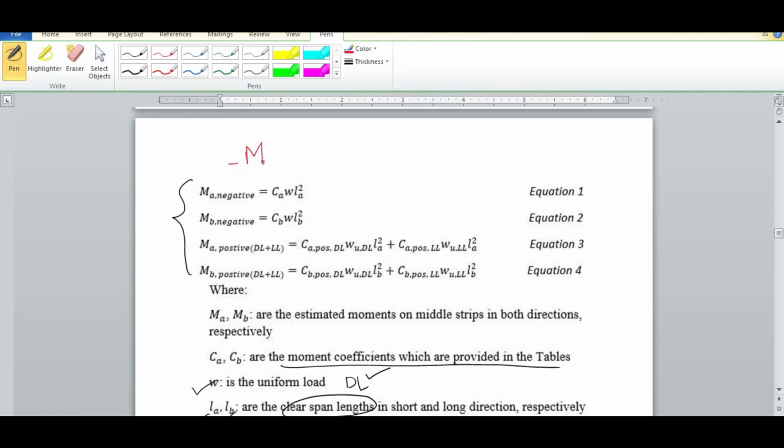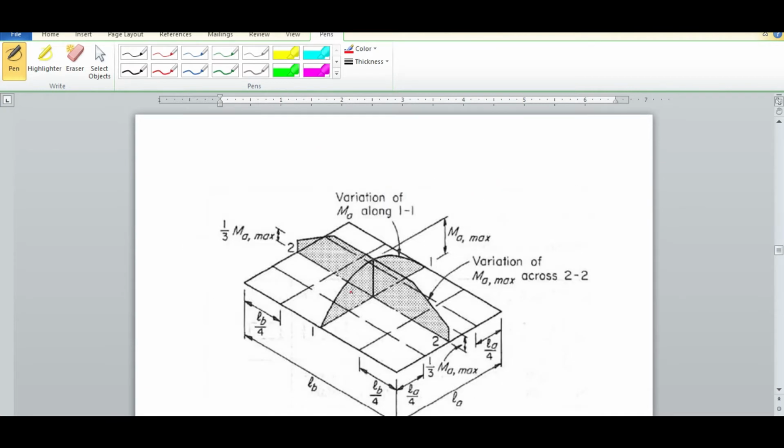See, negative moments generally occur at the edges of the beam, and positive moment depends upon the continuity condition of the slab. This is the variation of the moment across the slab, but this is shown for the middle strips.